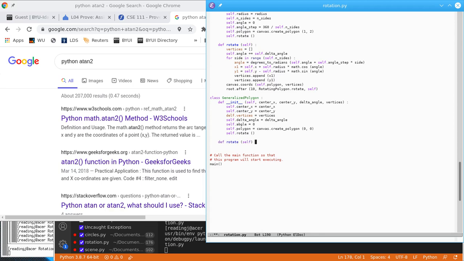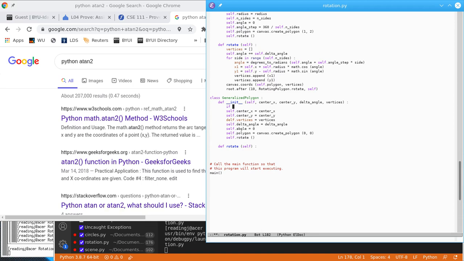Say def rotate. Okay. For index in, let's check something first, okay?